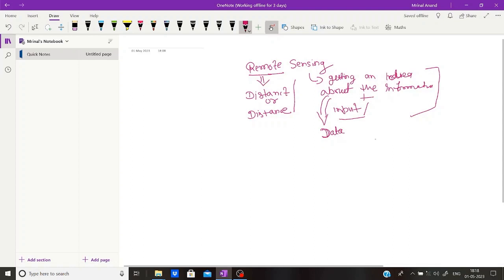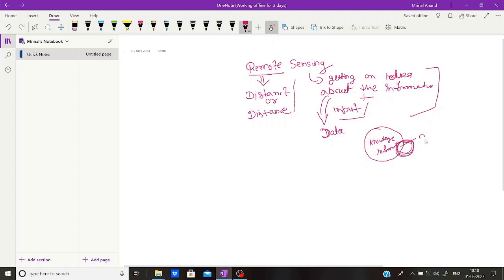So this is the whole knowledge, or we can say the information. And if some user finds this much of the information useful, then this much of that circle will become data for that person.